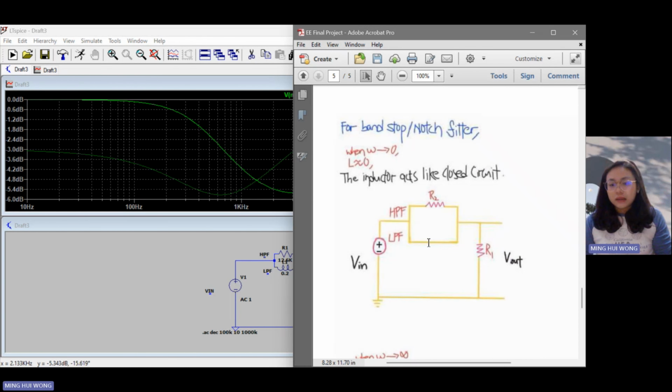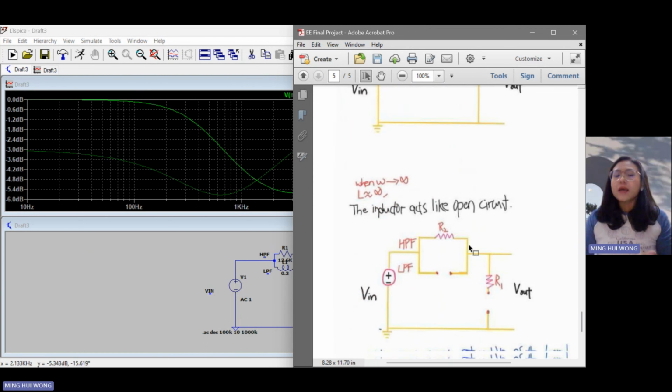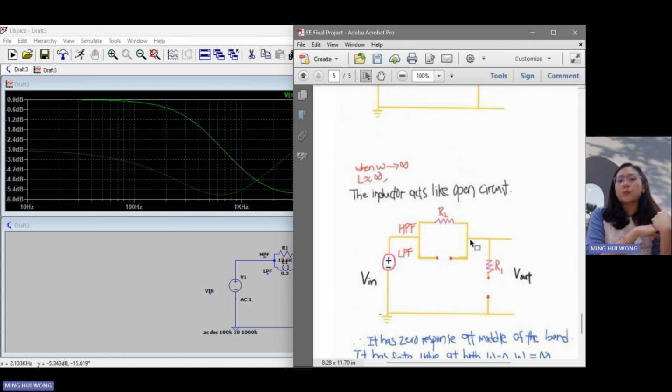Whereas when angular frequency approaches infinity, the inductive reactance approaches infinity and the inductor acts like an open circuit. So for the low pass filter part it is an open circuit, so current and voltage cannot pass through, and can only pass through the high pass filter.